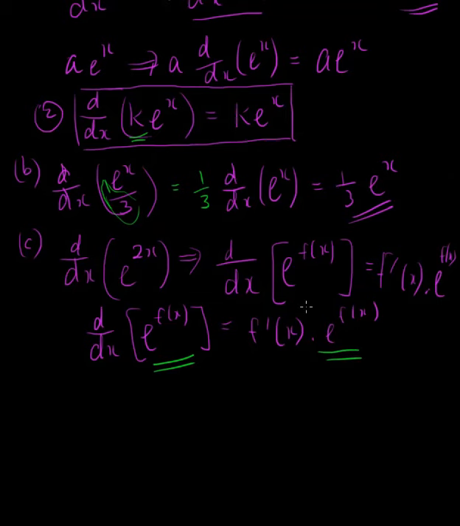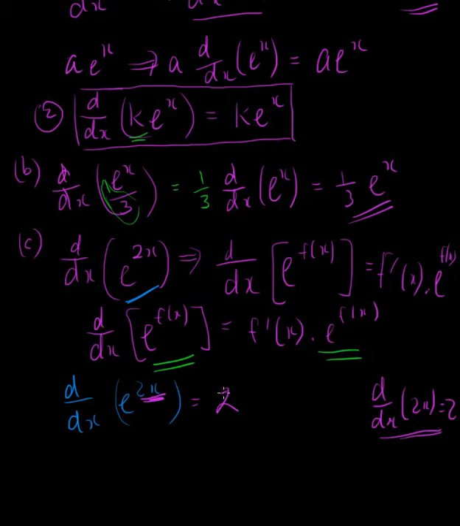Let's say I'm differentiating e to the power of 2x. So what is being highlighted is this 2x. I just need the differentiation of this 2x. The differentiation of 2x is just 2, right? Remember, the differentiation of 2x is just equal to 2. So if we think about that, we put the 2 in front.